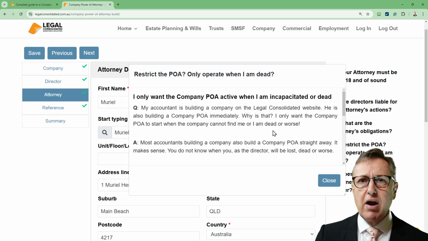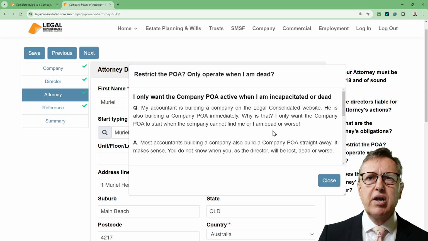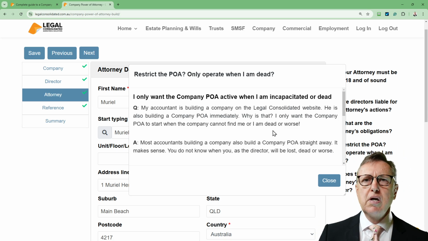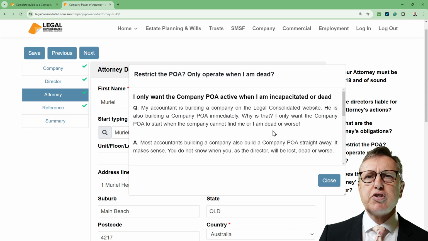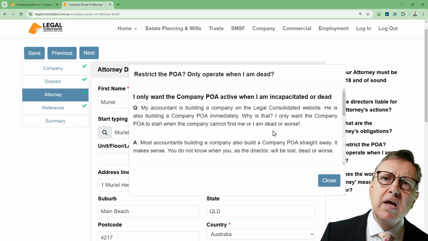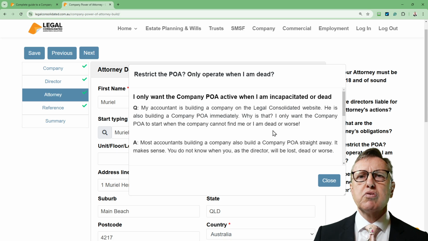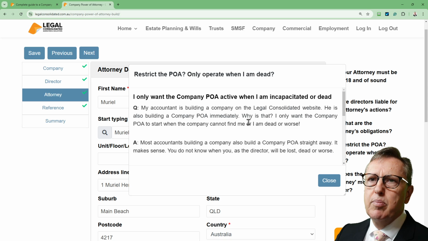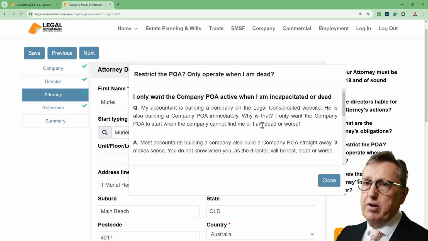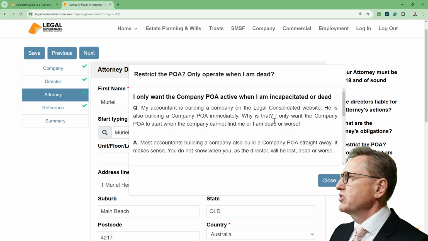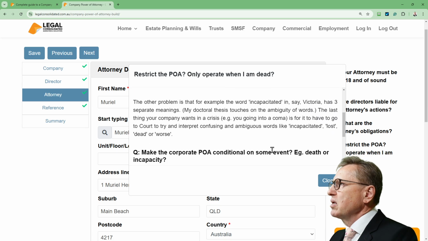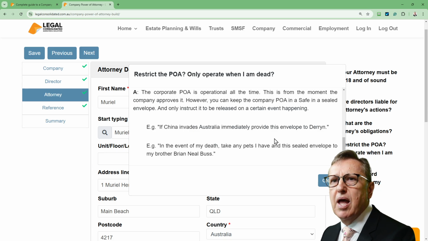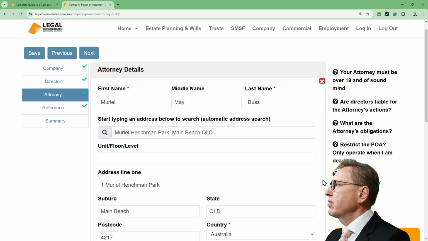As soon as it is signed, it becomes operational. If you don't want it to be under the control of the attorney, then you merely keep it in a sealed envelope with the accountant or another trusted person. Obviously, you trust your accountant. So you can't make the company power of attorney conditional upon anything.